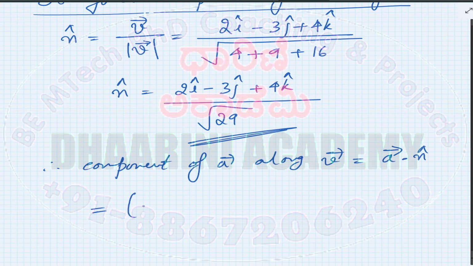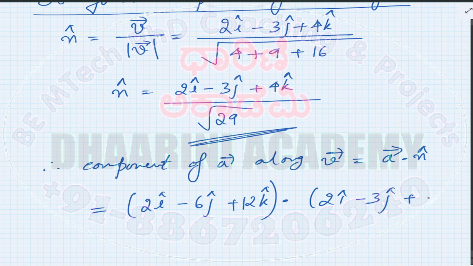Vector A is acceleration, 2i cap minus 6j cap plus 12k cap, dotted with 2i cap minus 3j cap plus 4k cap by root of 29.